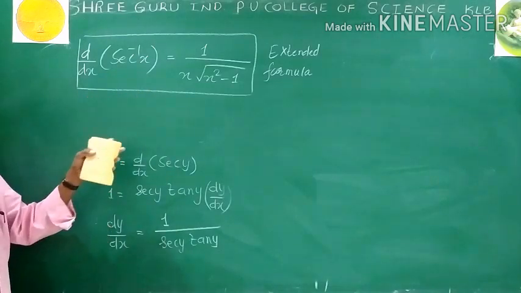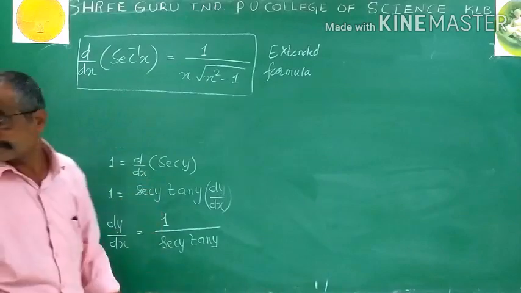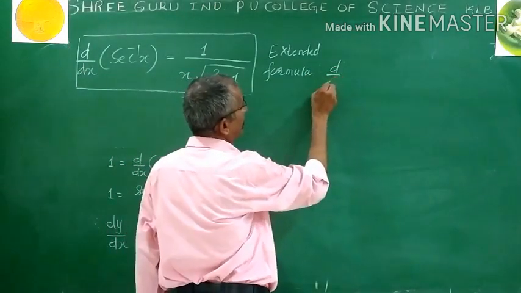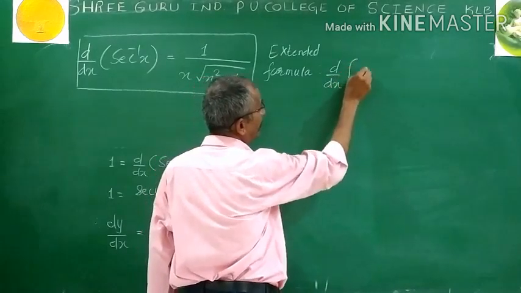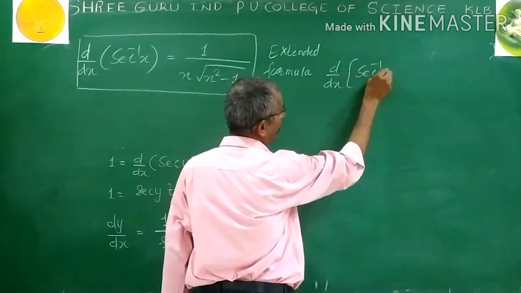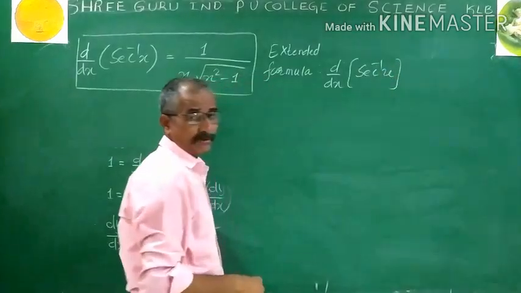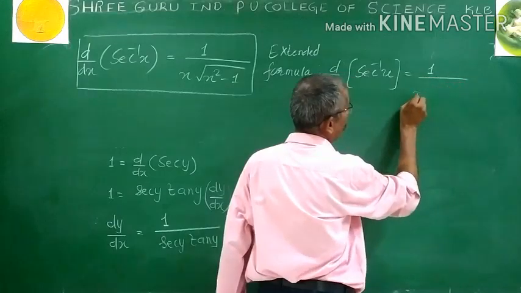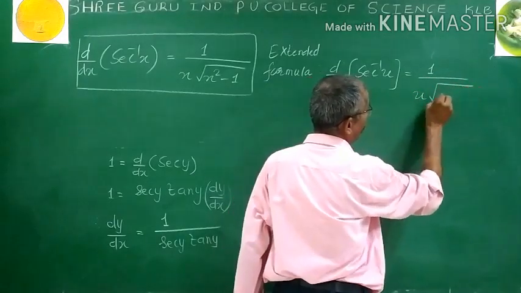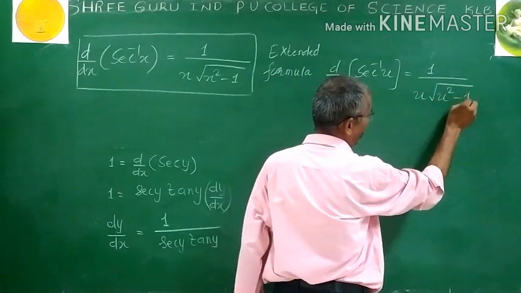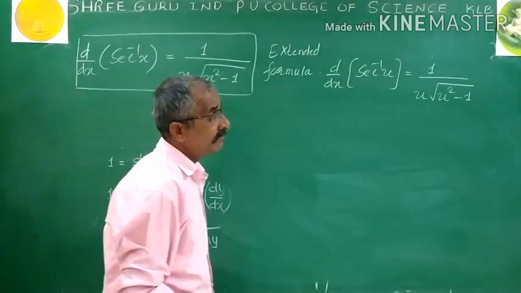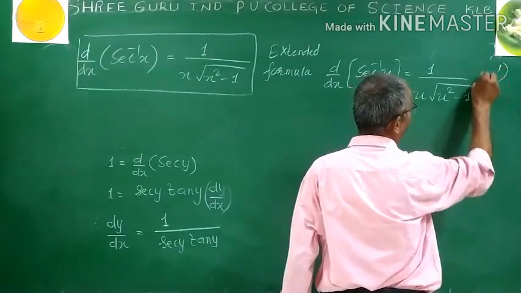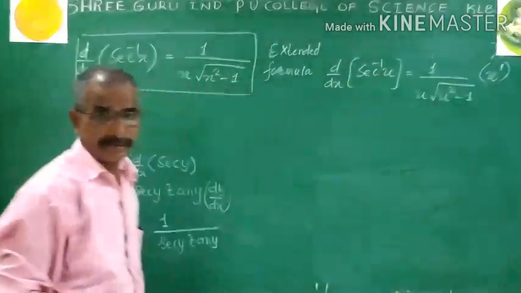If any function is there, the format does not change. So the extension: derivative of sec inverse u is 1 by u into square root of u square minus 1, and more importantly, multiplied by the differentiation of u, that is u dash, or you can write du by dx.